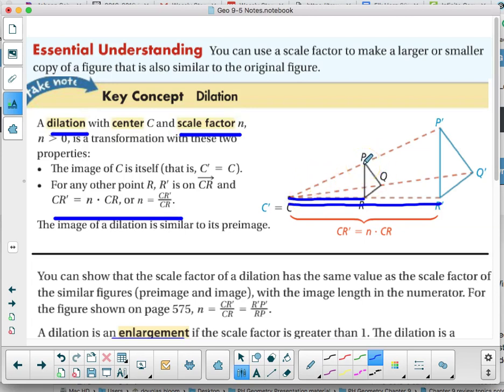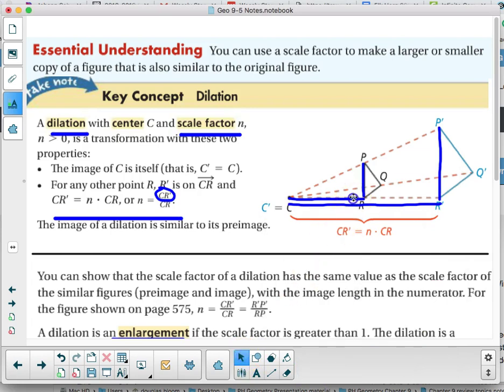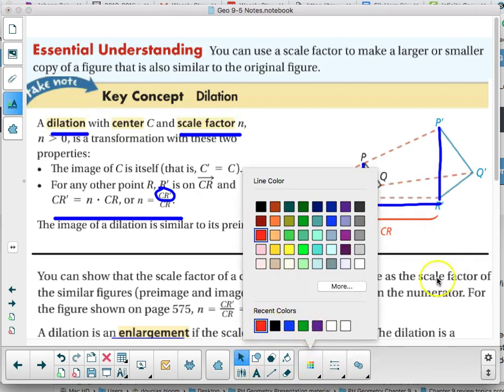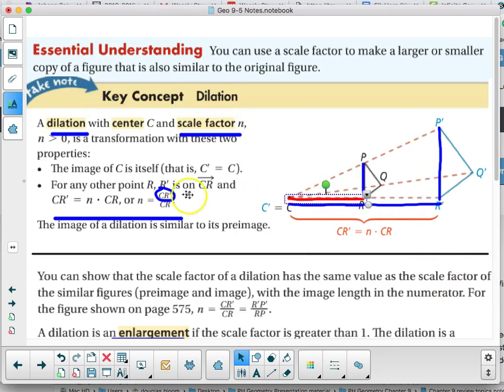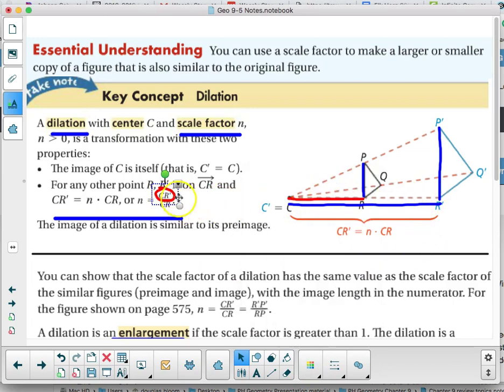I could also look at it as taking PR and growing it to P prime R prime. And if I take P prime R prime divided by the length of PR, I will get n. Or if I take CR prime, that's this longer one, and change the color to red, if I take this value and put it on top, excuse me, I lied.